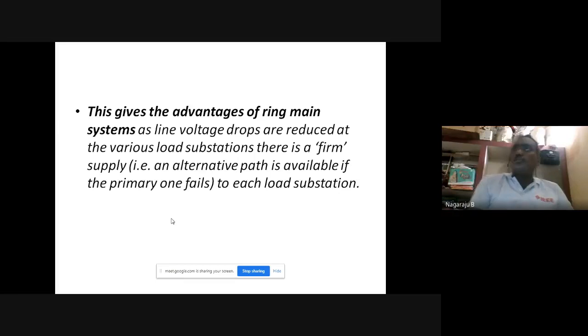If any remote area is connected to the ring main type, and any shutdown happens, you have another power line, another chance of getting power to that particular area.